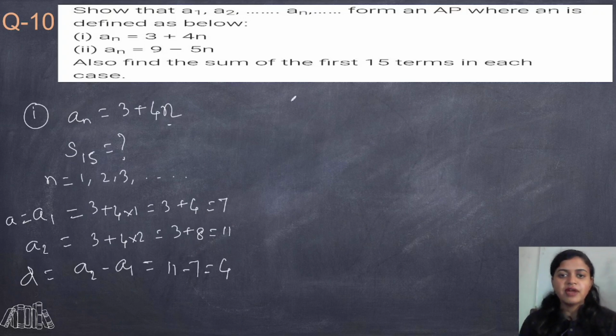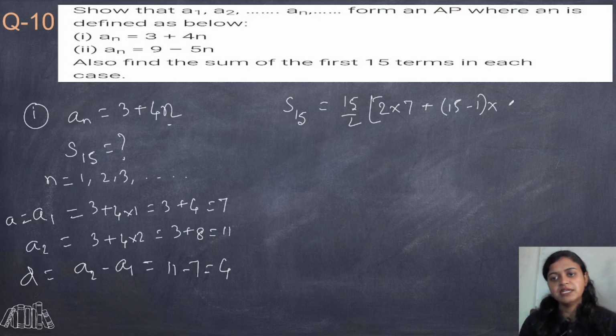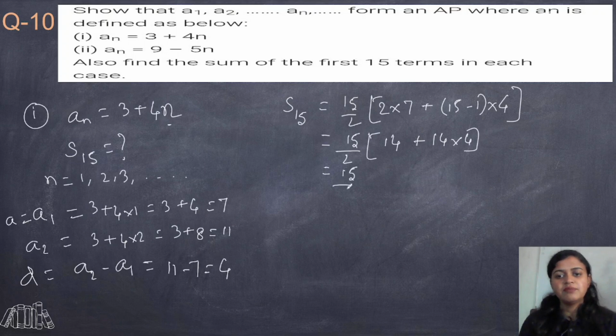So now we'll find S15. S15 equals n by 2 into 2A plus n minus 1 into D, that is 15 by 2 into 2 into 7 plus 15 minus 1 into D. The D value is 4. So 15 by 2, 14 plus 14 into 4, that is 56, right?